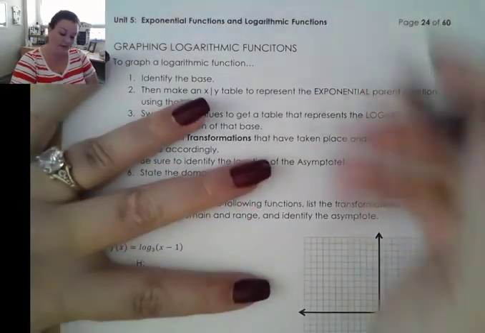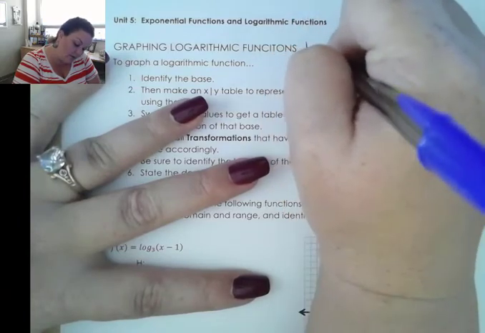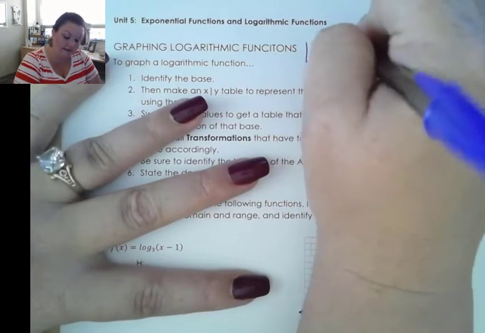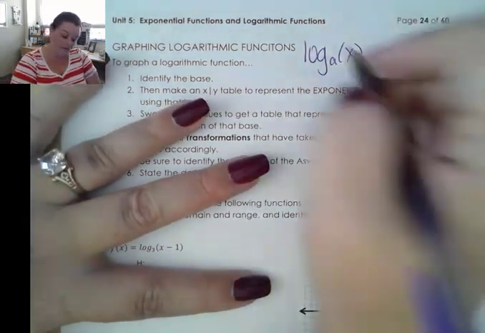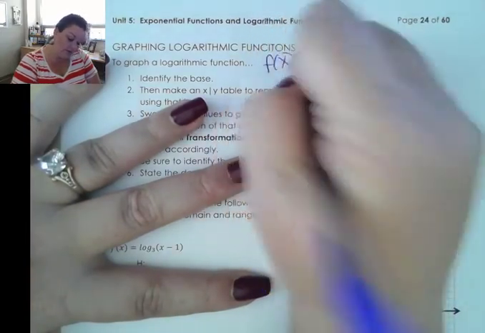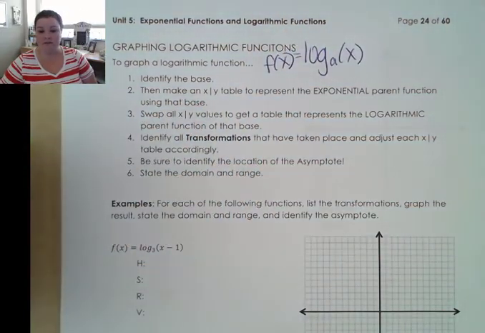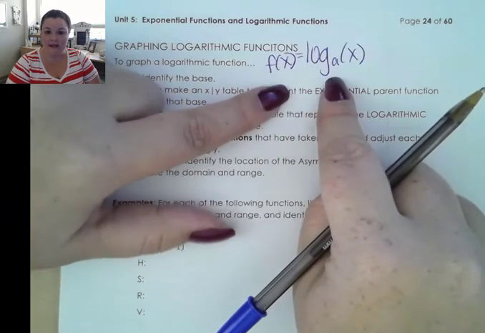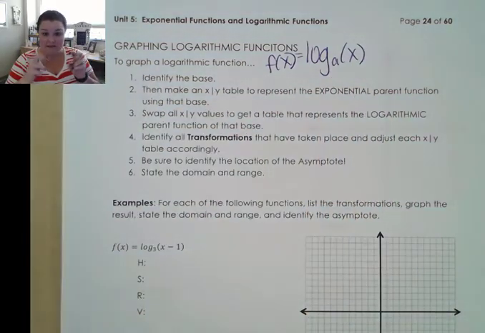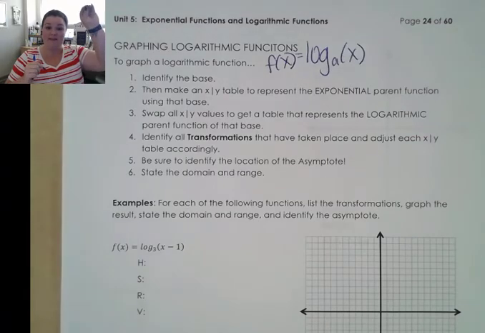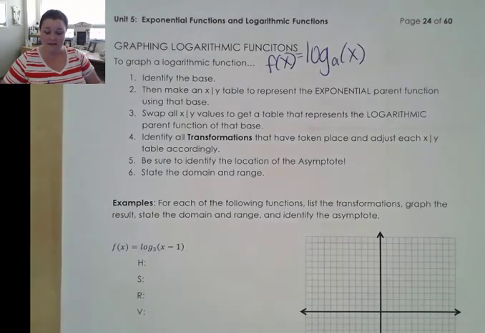So I'm going to go ahead and write, when we have log base a of x, okay? This is a function. If we have f of x equals log base a of x, if something is happening inside the function, like remember with exponentials, if it was inside the function, it was up in the exponent because that's where the x was, okay?